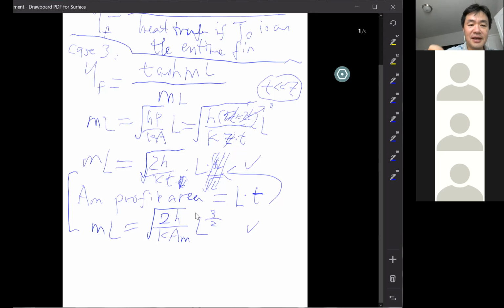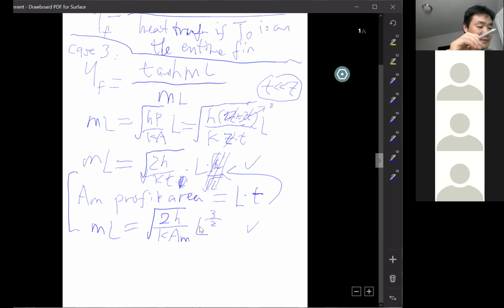Okay, so this is the efficiency for case 3. How about case 2? We are trying to make sure that many of the case 2 problems we can safely use case 3 to estimate. We don't want to introduce another equation for efficiency. Let's keep this efficiency equation.